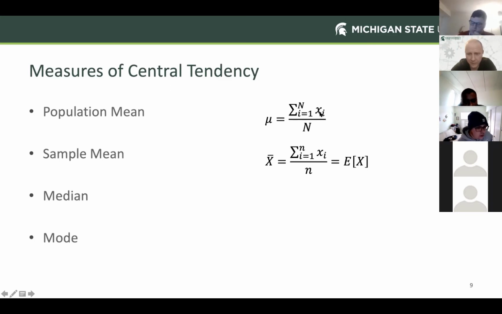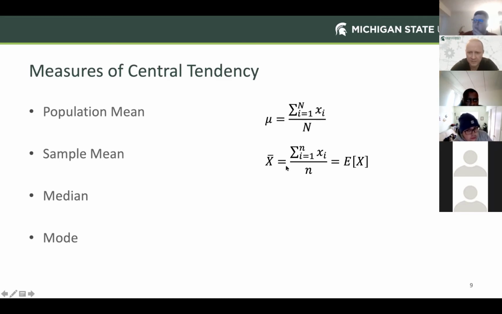In the case of the speed measurements we talked about earlier, i may be a vehicle or a driver, and there are a total of N such vehicles or drivers in the population. So we add up all of those individual measurements and divide by the size of that population. That's how we arrive at our parameter, the population mean, okay?